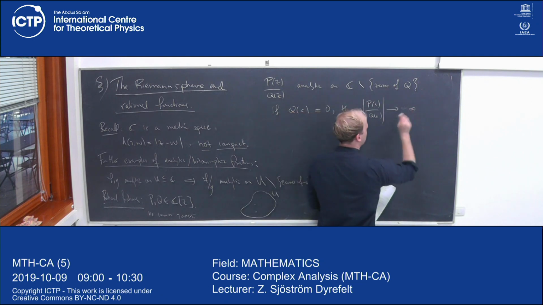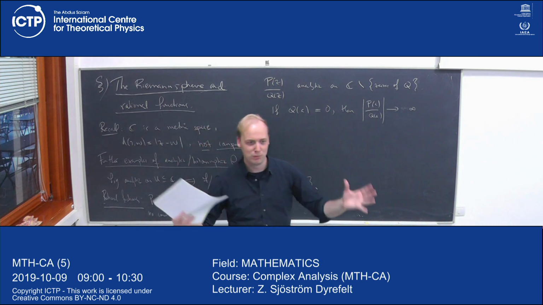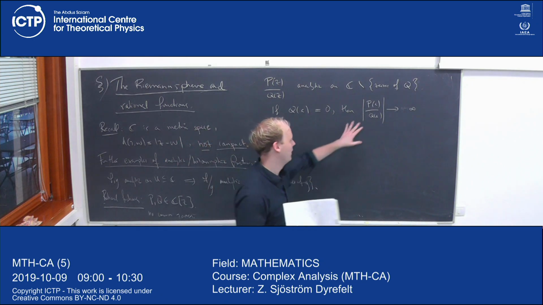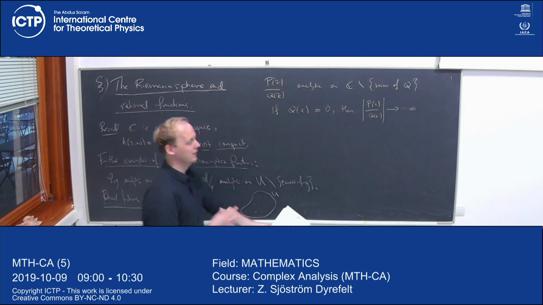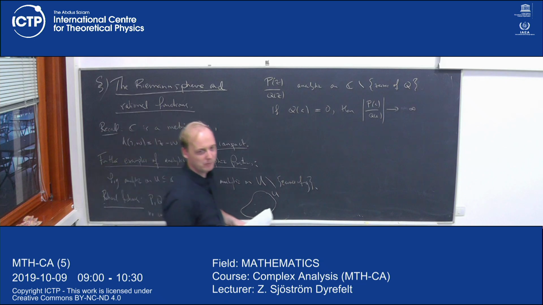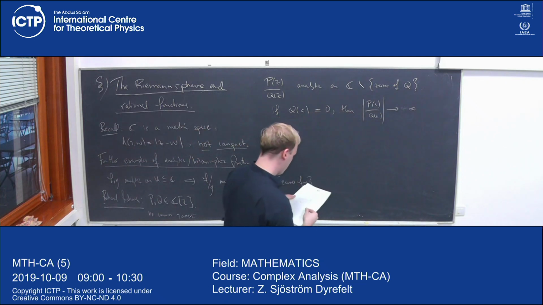Because what I want to do is add one point at infinity, which represents both plus and minus infinity in some sense. So it doesn't matter; it just blows up in absolute value. Absolutely, this is what I mean. Of course, otherwise it doesn't make sense. So it blows up in absolute value.